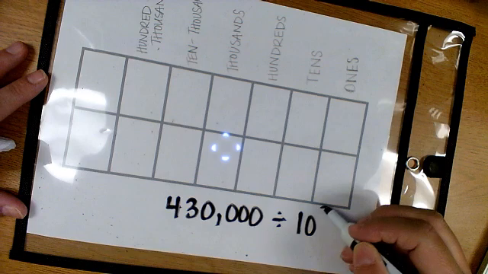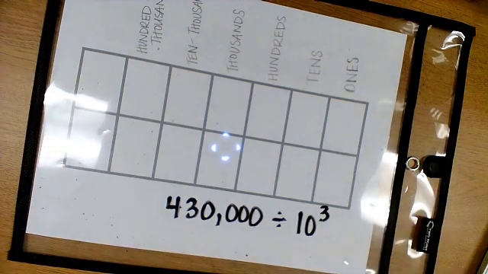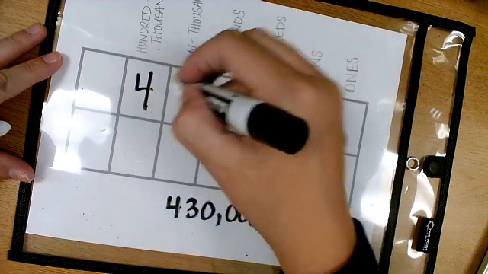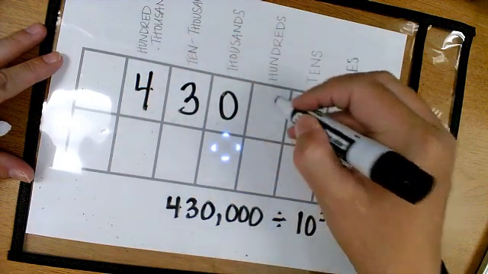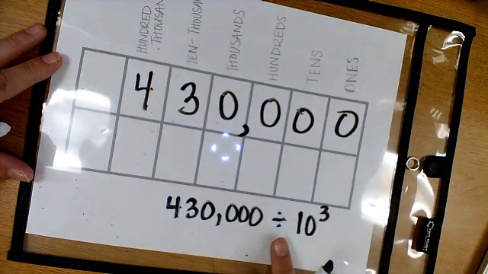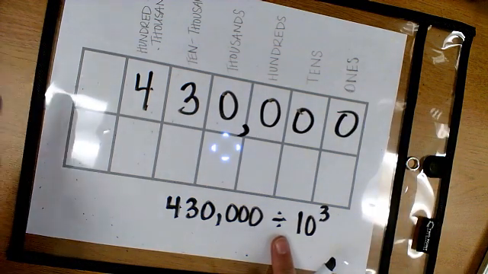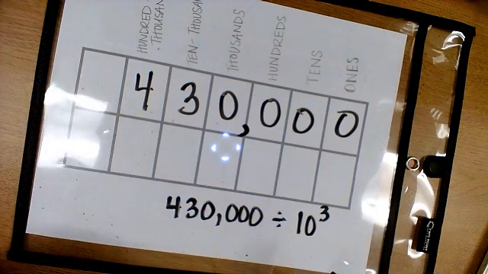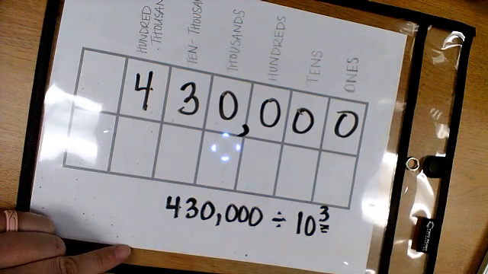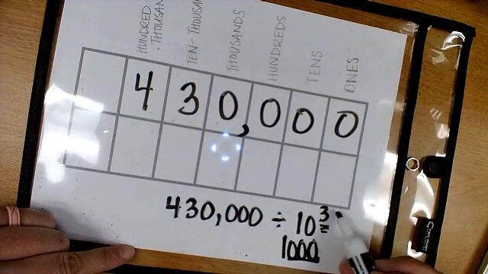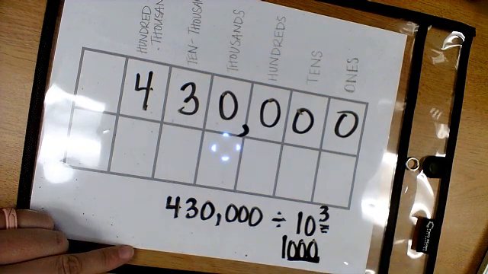All right, so this one we're going to look at 430,000 divided by 10 to the third. So I'm going to put my 430,000 in my chart. And since I'm dividing, I'm shifting the numbers to the right because I want them to get 1,000 times smaller. 10 to the third power is 1,000. So the exponent tells us how many zeros there are.